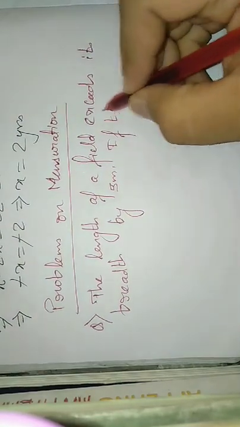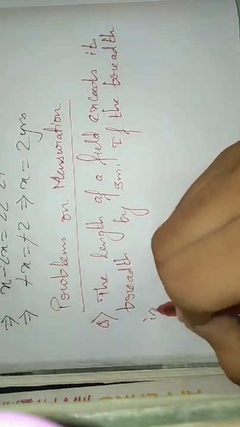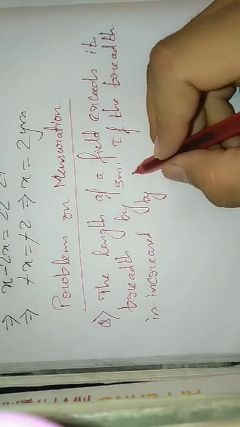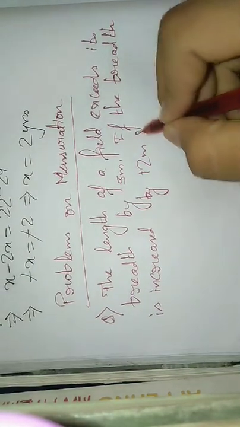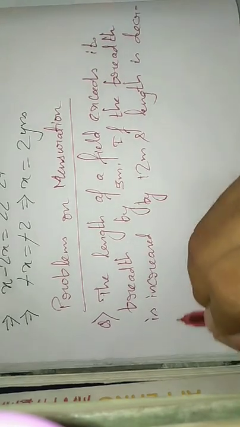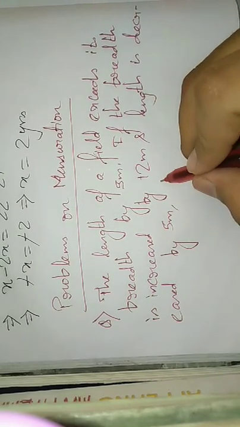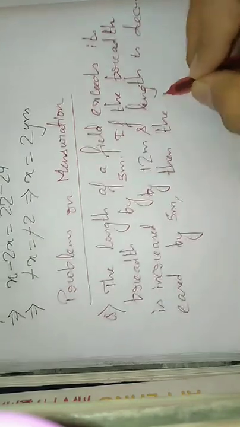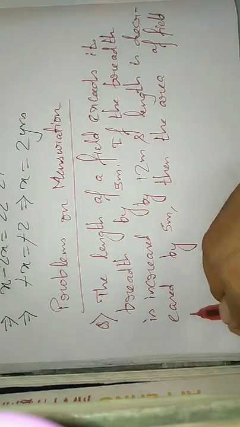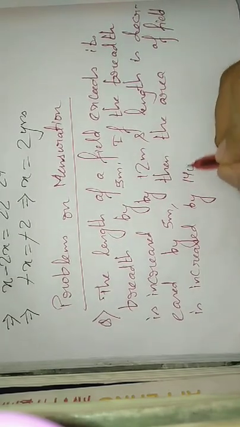If the breadth is increased by 12 meter and length is decreased by 5 meter, then the area of field is increased by 140 meter square.